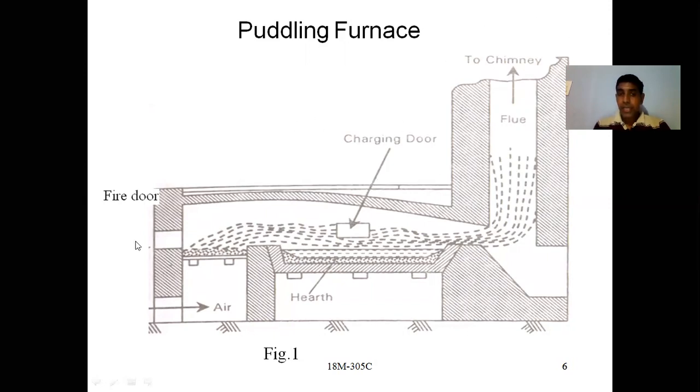So this is the main construction of a puddling furnace, and we will discuss in detail in the coming slides. So you should draw this diagram carefully, and you have to identify the fire door, air blast entry, and the hearth, and the charging door, and the flue gases entry to the chimney. These things you have to mention in the diagram.